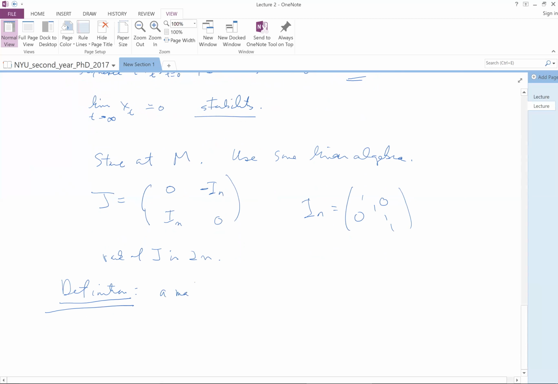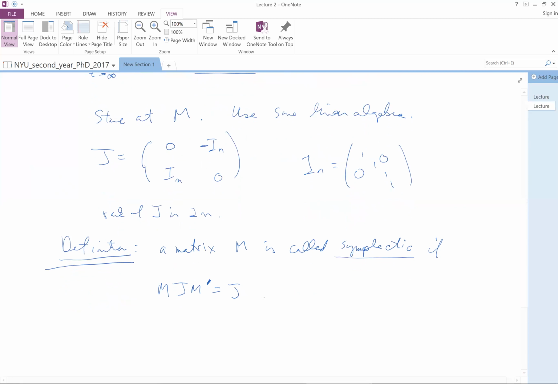A matrix M is called symplectic if the following is true: M J M prime equals J. That's just a definition.